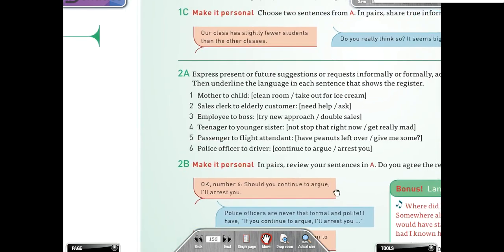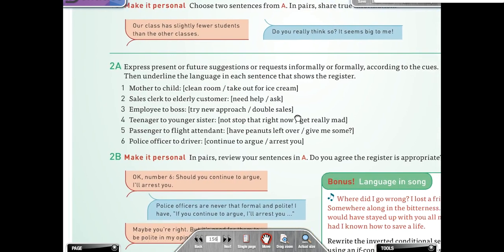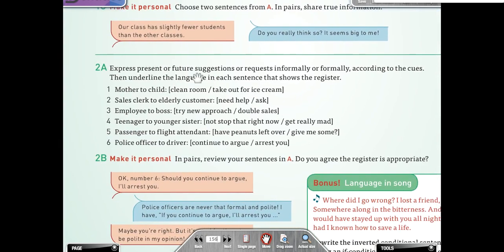Well, please try to do only exercise 2A. Express present or future suggestions or requests informally or formally. How do I know if this is formal or informal? Well, mother to child. Normally a mom doesn't speak really formally, no? So you're going to use an informal form. So you use be in this case.